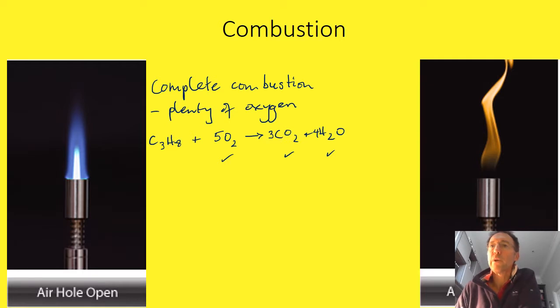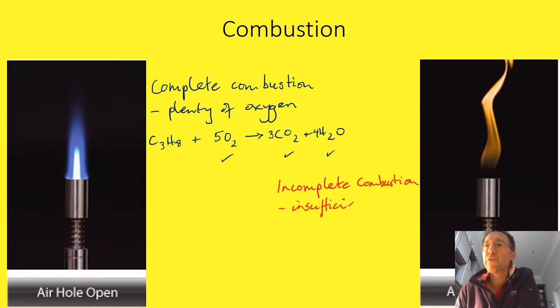So let's label this one incomplete combustion, insufficient oxygen, in which case we don't get carbon dioxide created. We can get particulates, which are just sooty particles of carbon, and carbon monoxide.